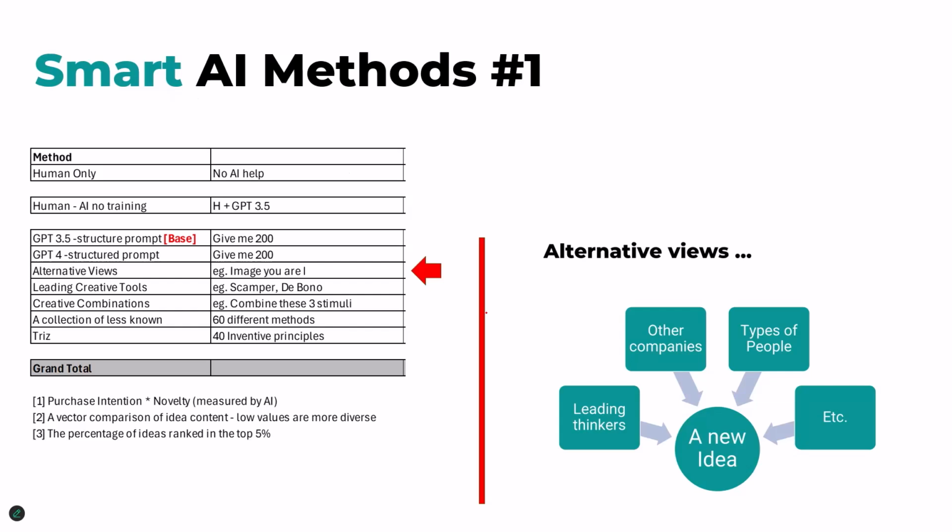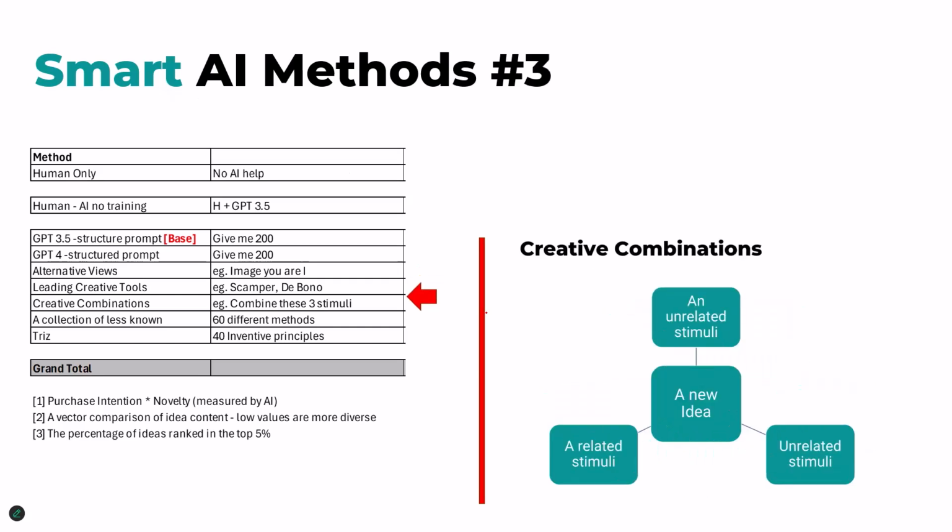So the types of smart prompts we had: alternative views. Imagine right now I wouldn't want to say imagine you're Elon Musk, but let's say imagine you are somebody else. Try to generate ideas that way. Leading creative tools, creative combination, which is merging things together. Build me an idea that's red, rhymes with pickles, and makes it easier to study.